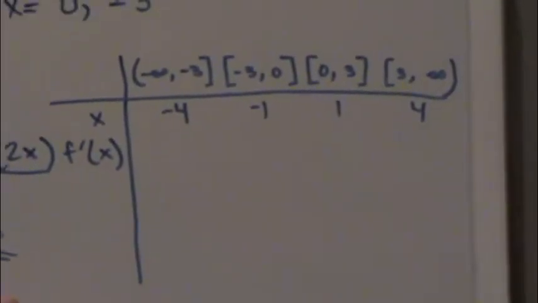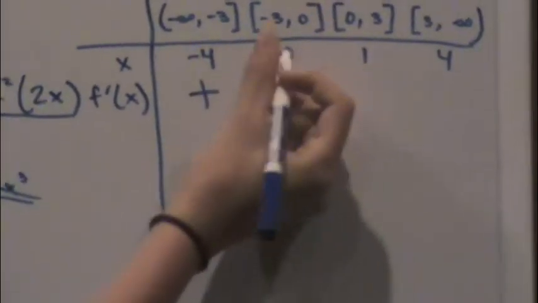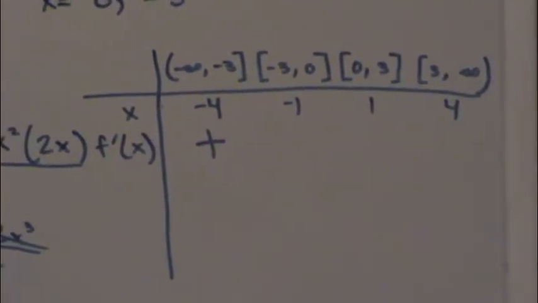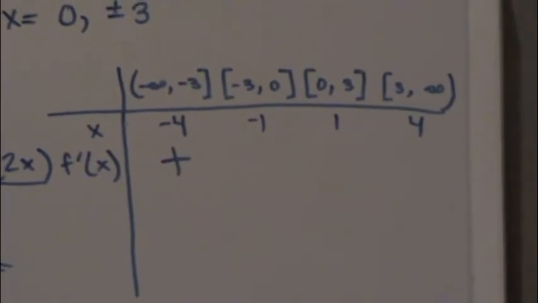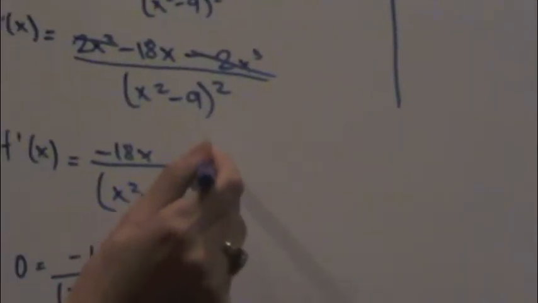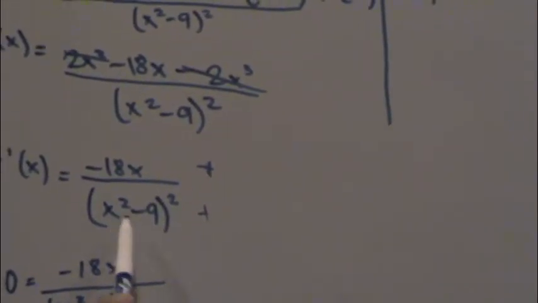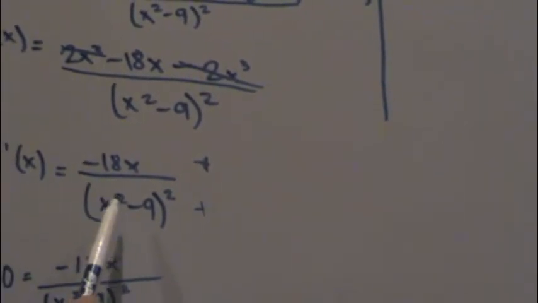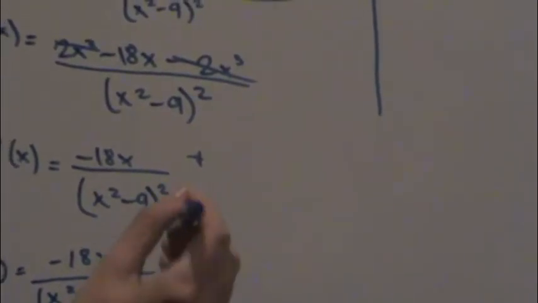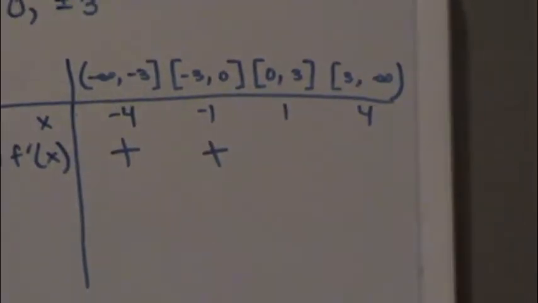So we get positive over positive, so your result would be positive. Now for negative 1. Negative 18 times negative 1 is a positive number. Negative 1 squared is a positive number, and subtracting 9, you would get negative 8 squared, which is also positive. So in this region, your function is increasing.